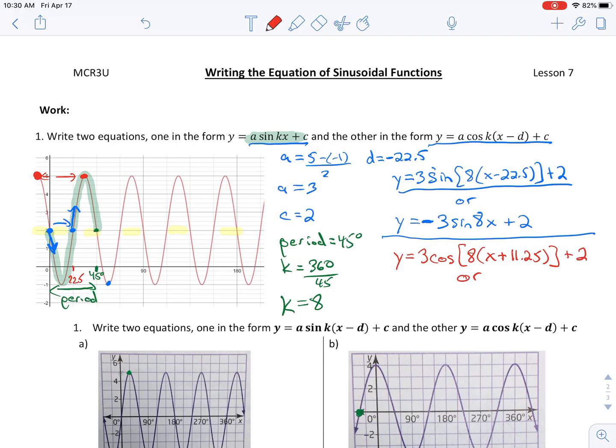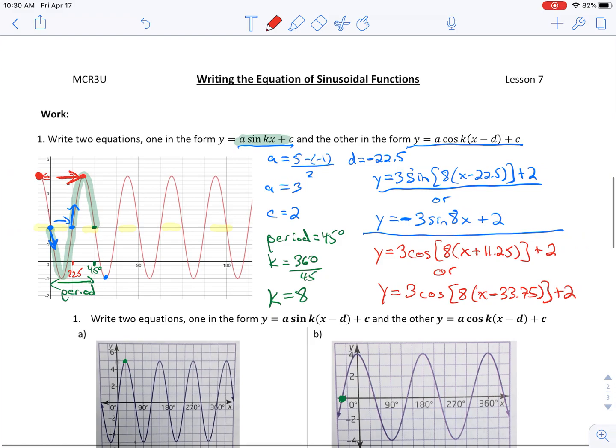And then my shift is still the same, which is plus 2, I believe we said, yeah. So that's one version. If you took the second version, which is going to the right, it would be 3 cos 8(x - 33.75) + 2, because I would need to do 22.5 plus 11.25, which is 33.75.